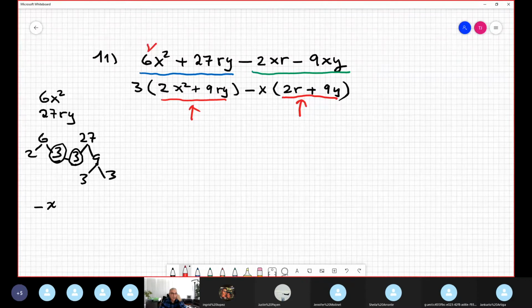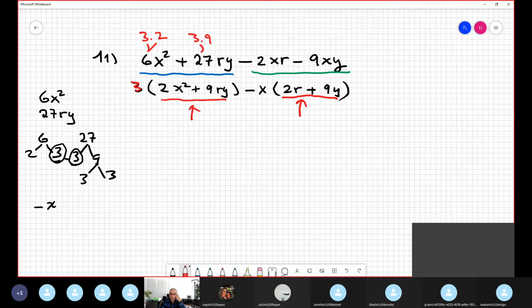So this 6 in my mind is like 3 and 2, and this is 3 and 9, no? The only common factor was 3. I put this 3 here. It stays 2x squared plus 9ry. What is the wrong part? It's correct, 9. So, not in the first part. No x in the first part. In this part there is no x here. What do you say? There is no x?